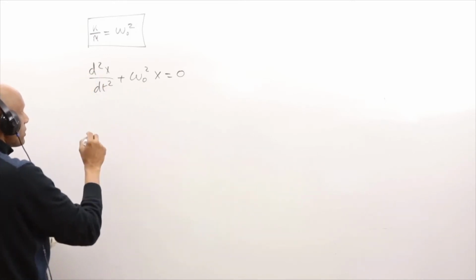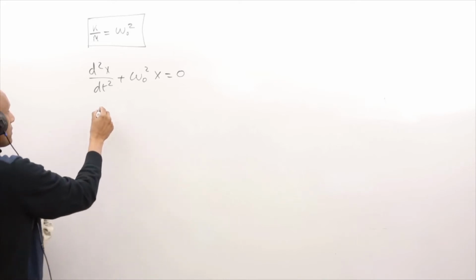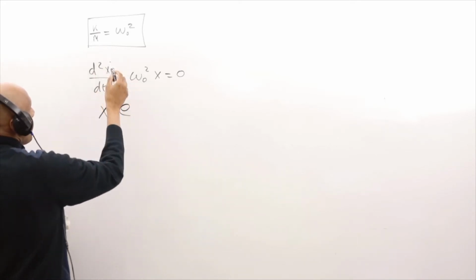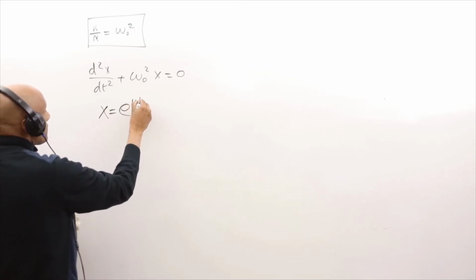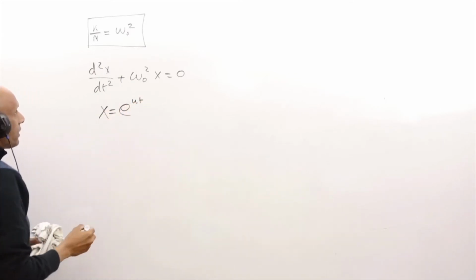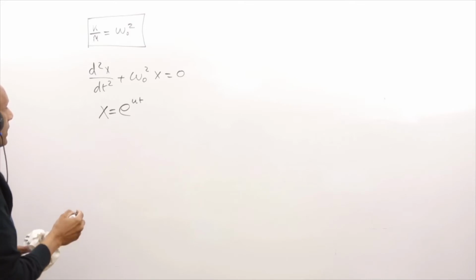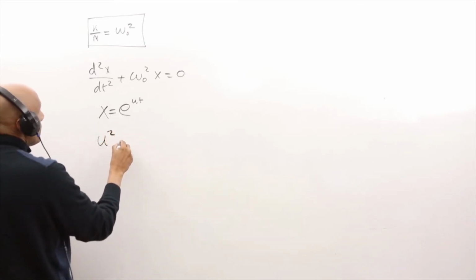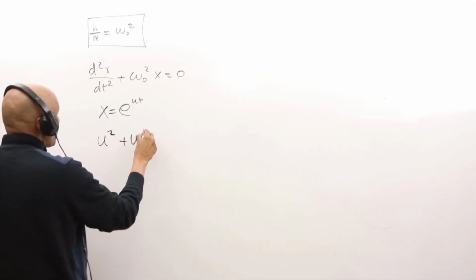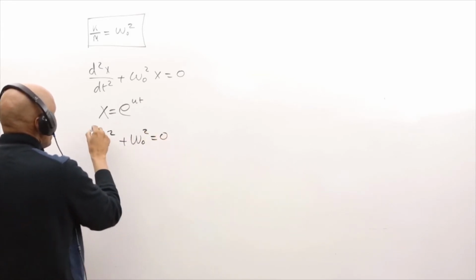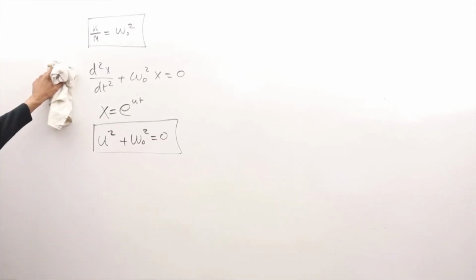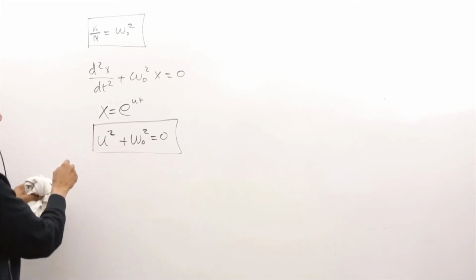We know that this is a second order differential equation. We're going to do a substitution of x equal to e to the ut. Since I can't use k, I'll use u. When we substitute this into our differential equation, we get a characteristic equation that looks like u squared plus omega naught squared equals 0. So remember the general procedure for solving homogeneous linear differential equations.